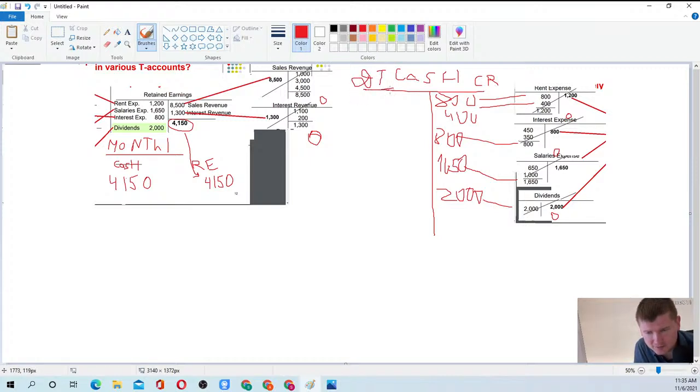So when we did these entries, when we did expenses, for simplification we assumed that it was all cash. It all went to the credit of the cash, and these items, 8500 and 1300, they all went to the debit of the cash.